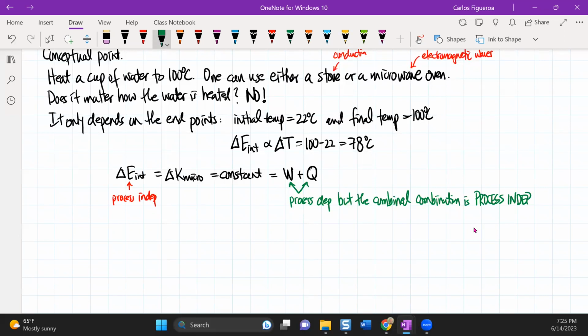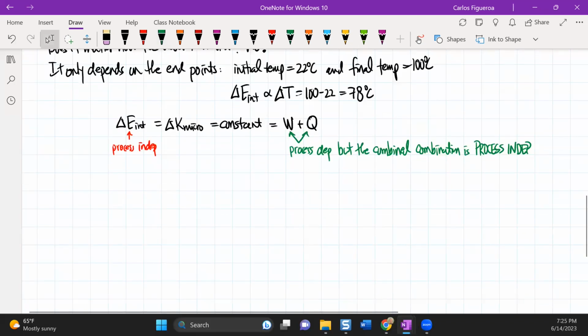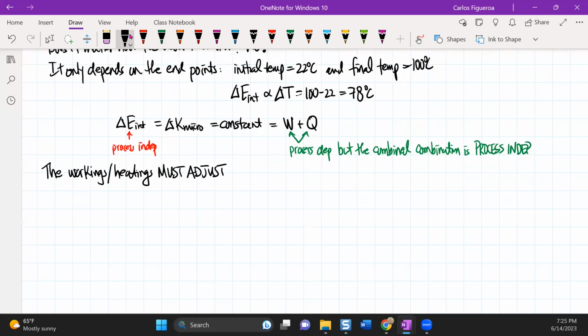And the way I'm going to look at this is very similar to the example here. The workings and heatings must adjust themselves to keep the change in internal energy equal to a constant.